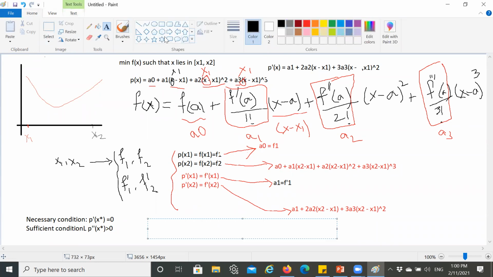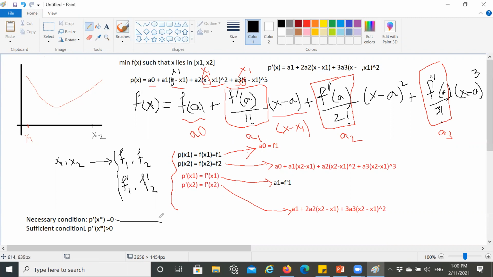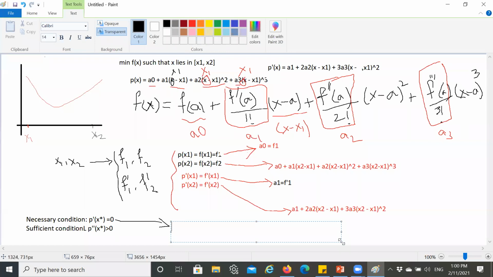It means that A1, correct me if I'm wrong, plus 2 times A2 times x0 minus x1, plus 3a3 times x0 minus x1 to the power 2 is equal to 0.